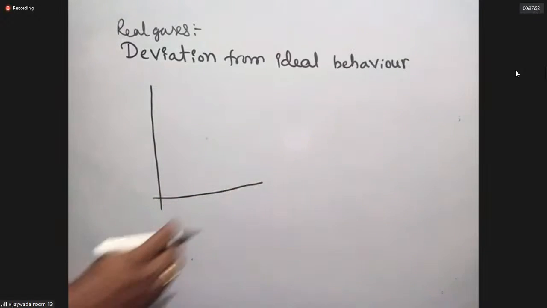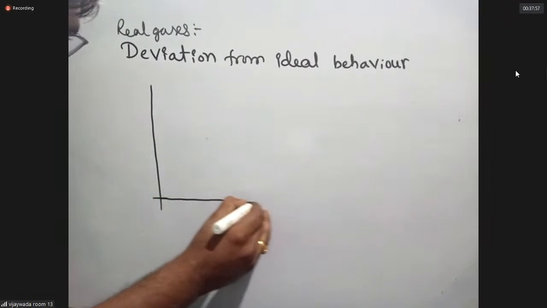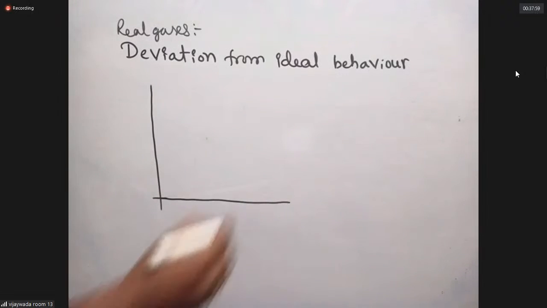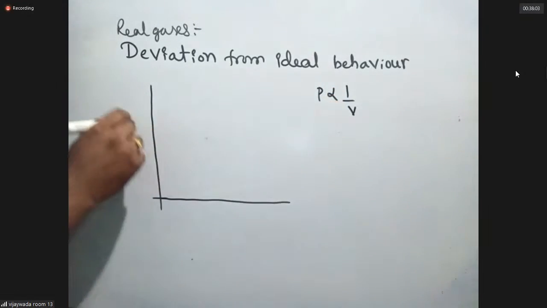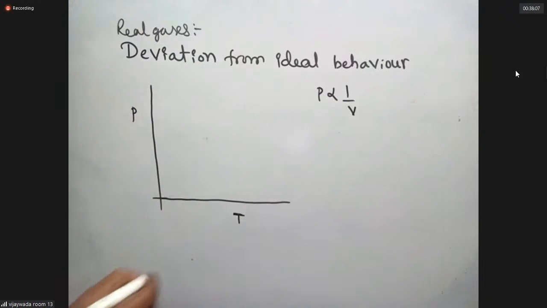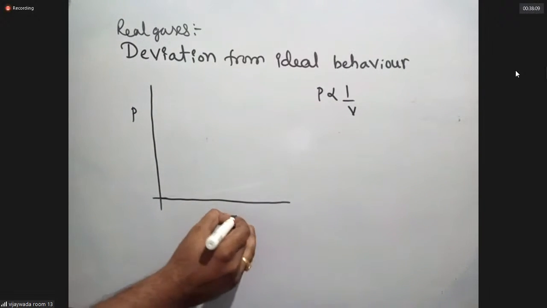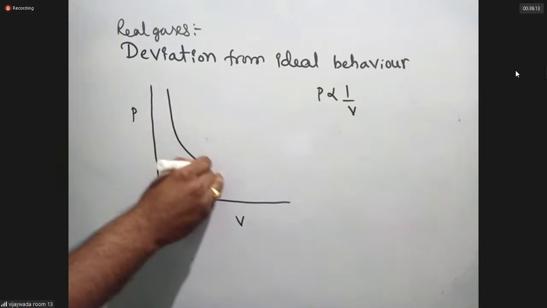According to Boyle's law, at constant temperature, pressure is inversely proportional to volume. We have drawn many graphs of P versus V at constant temperature. We call them isotherms.